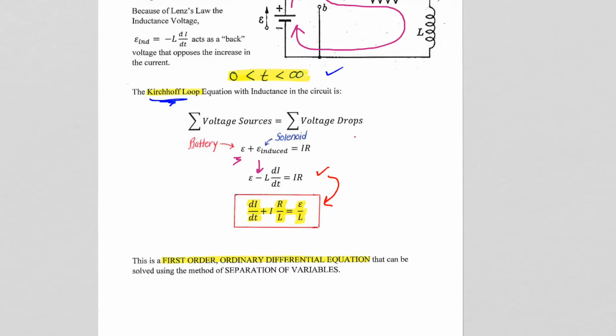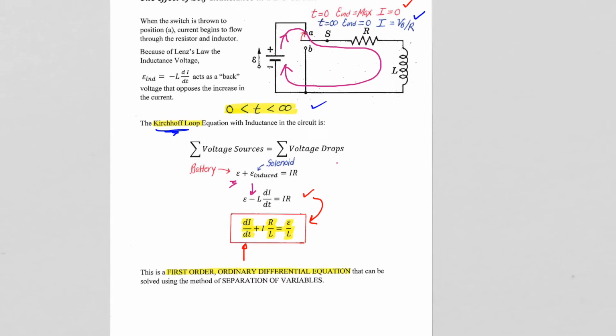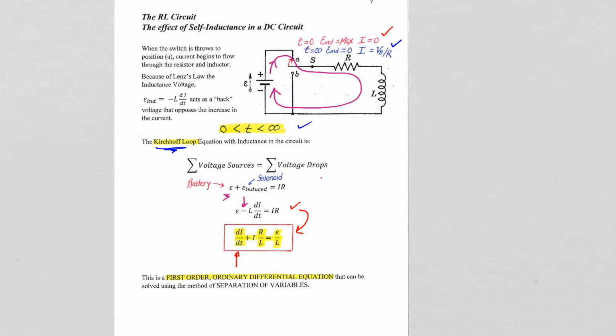Divide out the L, so we have di/dt plus I times R on L equals battery voltage over L. Please make sure you see how the algebra makes sense, because that is our first order differential equation, just a first derivative, that we are going to solve by separation of variables, conceptually identical to what we did for the RC circuit. We're going to see a very familiar result. So let's go to our next page.